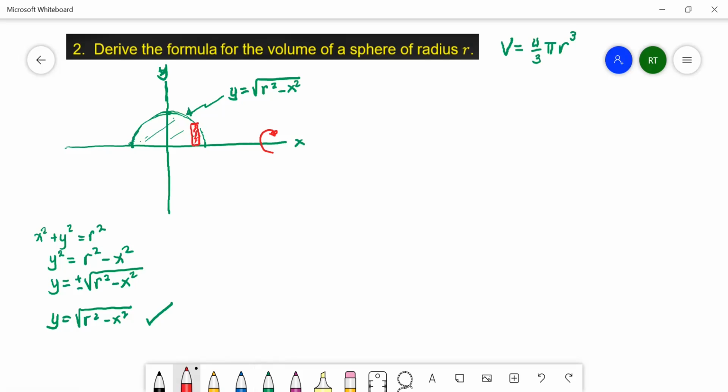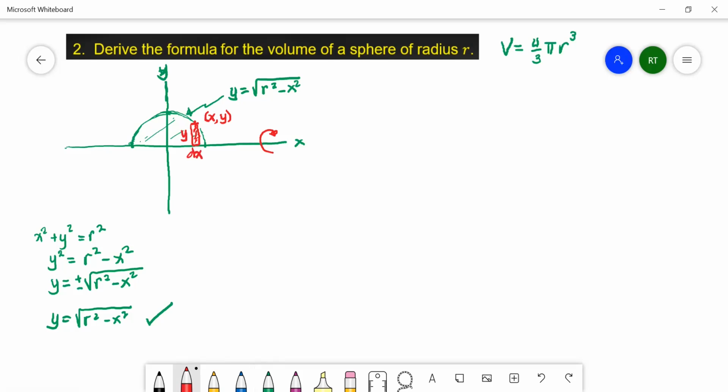Okay, this is the element, and this point on the semicircle is the point whose coordinates are x and y. And of course, the distance of this point from the x-axis, the axis of revolution, is y. And the thickness is the differential of x.